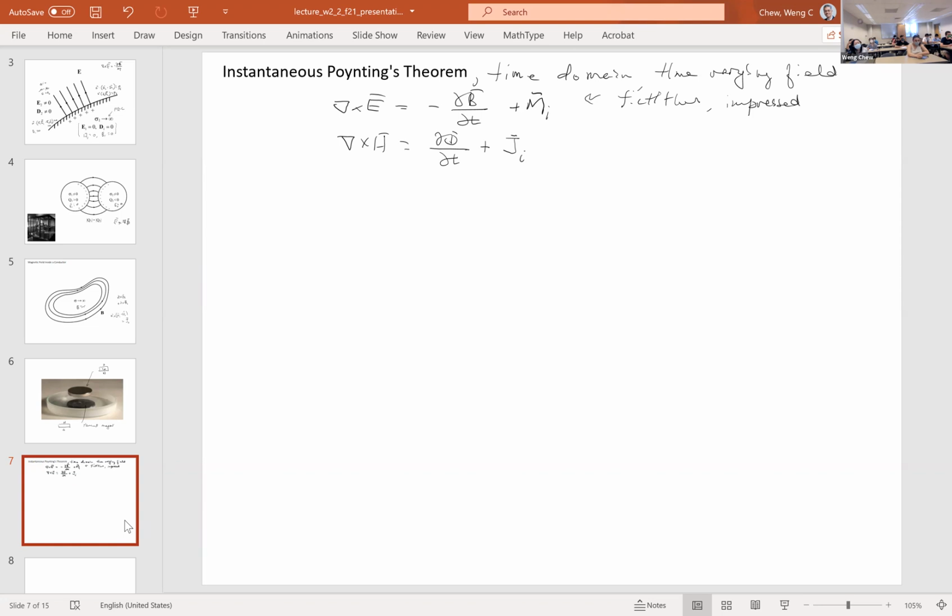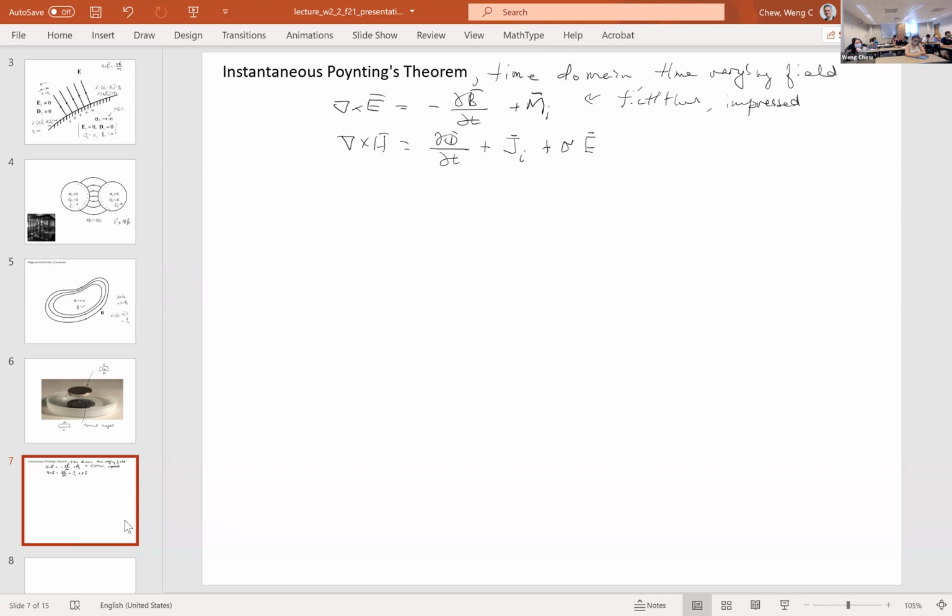And let's make things a little bit more interesting by allowing for the fact that we can have conduction current. And that conduction current exists when the medium is conductive. Okay. And let's see what kind of power conservation law we can derive from just these two Maxwell's equations.